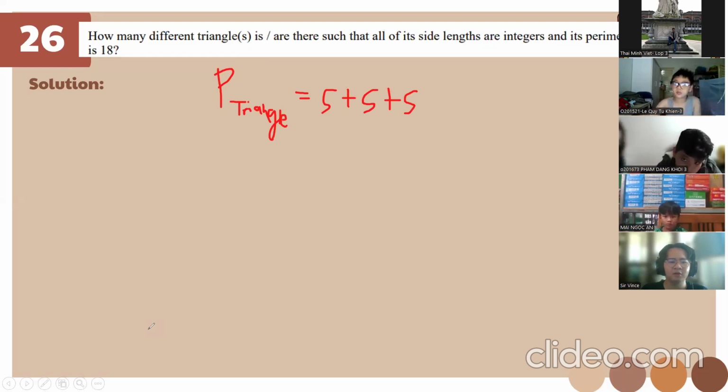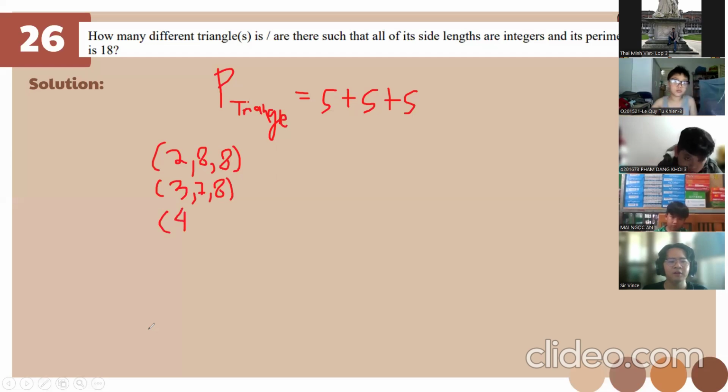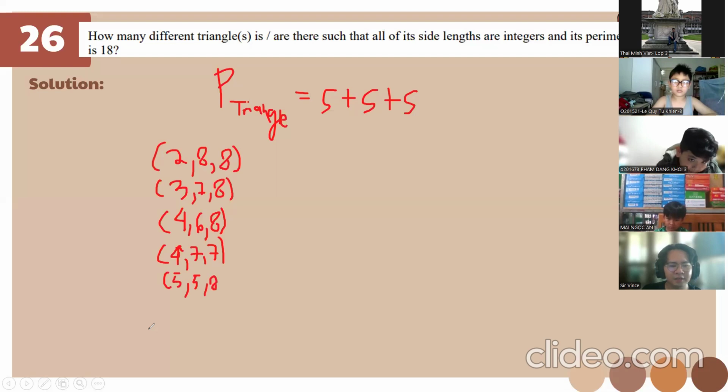So we can have 2, 8, 8 here. Next is 3, 7, and 8. We have 4, 6, and 8. We have 4, 7, and 7. We'll have 5, 5, and 8.